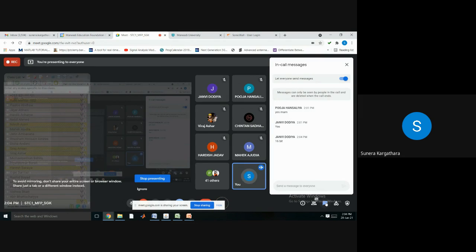And who will demultiplex it? Which signal can be used to demultiplex the address bus and data bus? We had discussed one signal, or one pin, which was pin number 30.